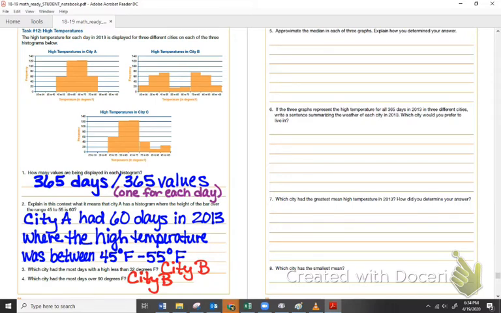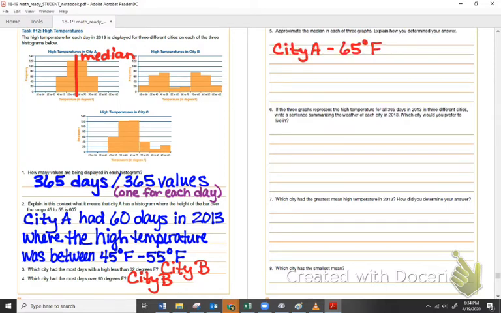All right, moving over to the right-hand page, question number 5, approximate the median in each of the 3 graphs. Well, in City A, I noticed that this graph is basically symmetric, and so the median is going to be 50% of the data on either side. So in City A, my median is about 65 degrees.